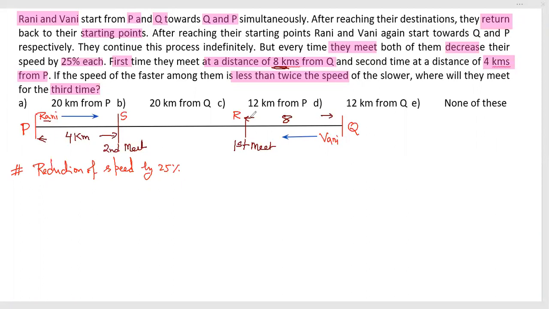Now if I go on considering the length they have traveled, up to the first meeting, whatever Rani has traveled and whatever Bunny has traveled, the ratio of these would be their speed ratio.